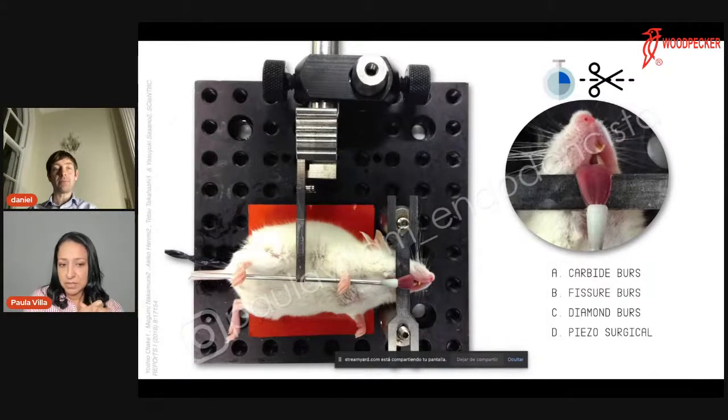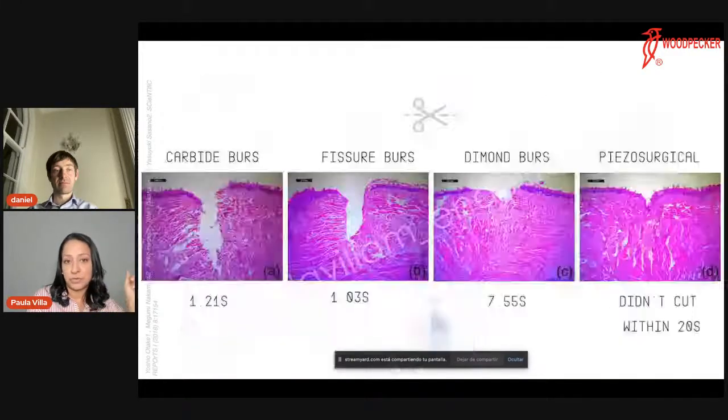Look at this research. In this research, they used mice tongues, and they wanted to measure the time needed to cut the soft tissue, the tongue tissue, with carbide burs, fissure burs, diamond burs, and piezosurgical saws.